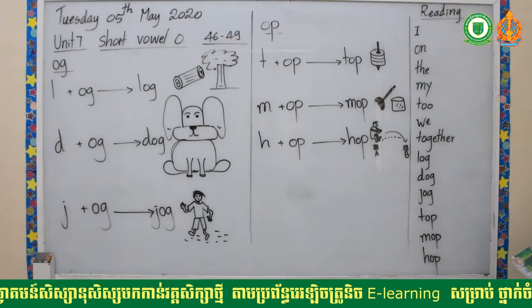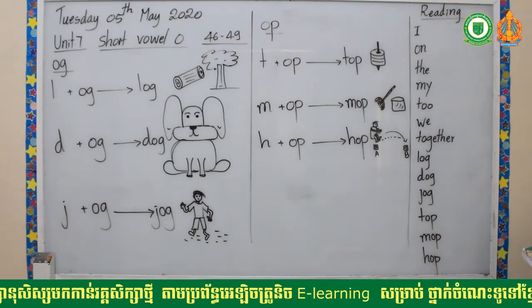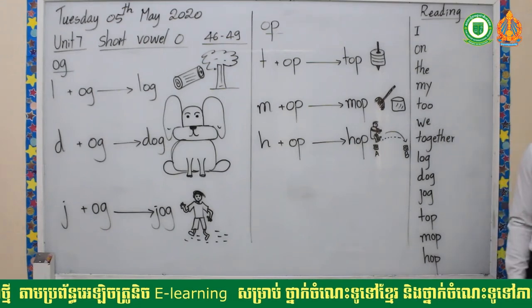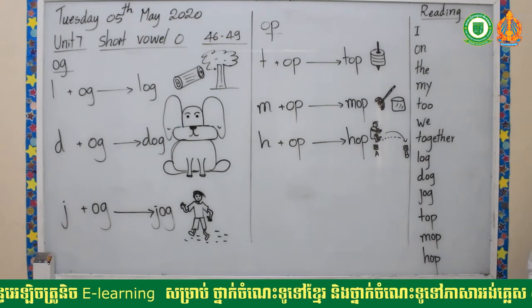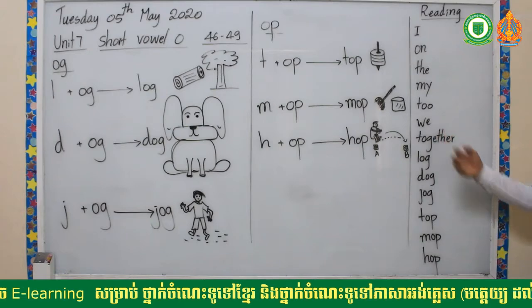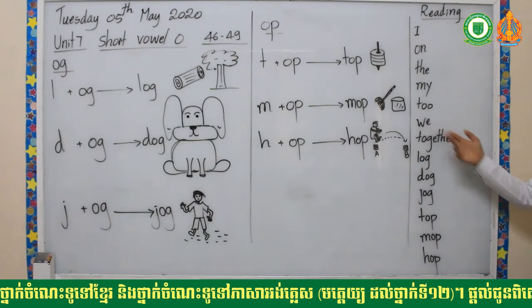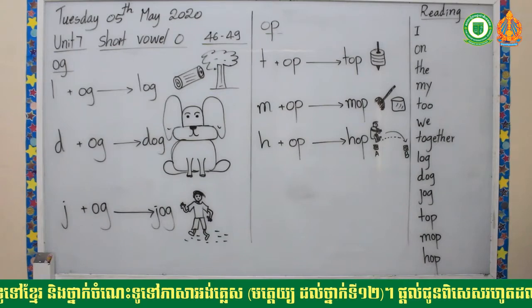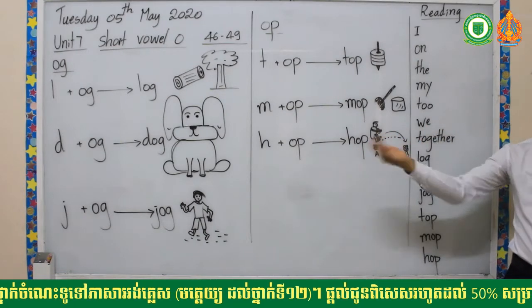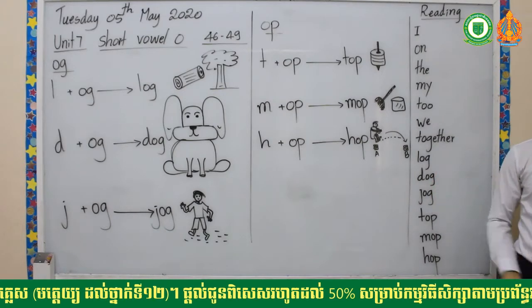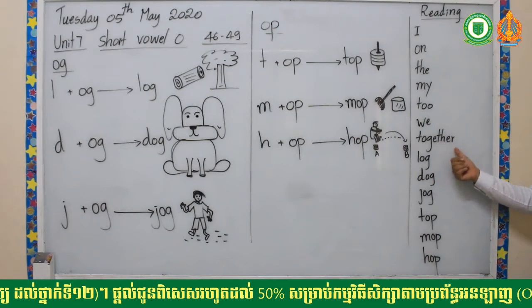My. Two. We. We refers to you and I, that we want to say we. Okay, say it together.